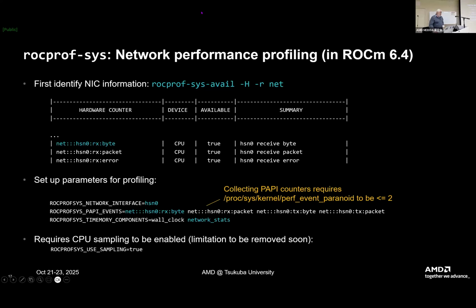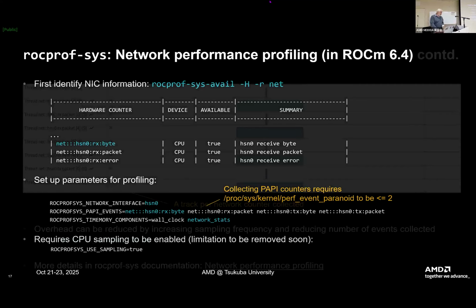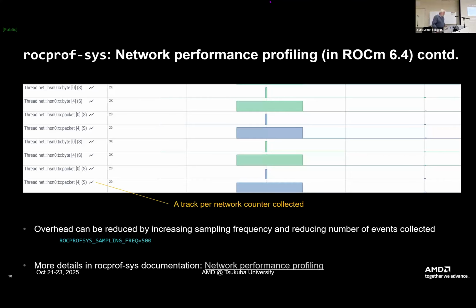So this is using PAPI counters. And if you suspect that network performance is important in your application, you may want to look at that. And you can get then network stats out. So what do we see out of this? We're starting to see the activity across the network, which is pretty amazing. And that's from ROCm 6.4 on.